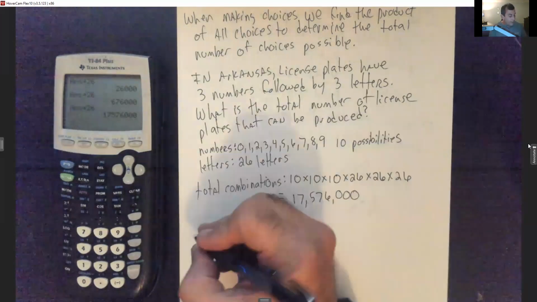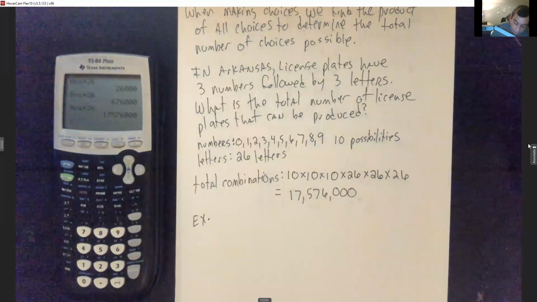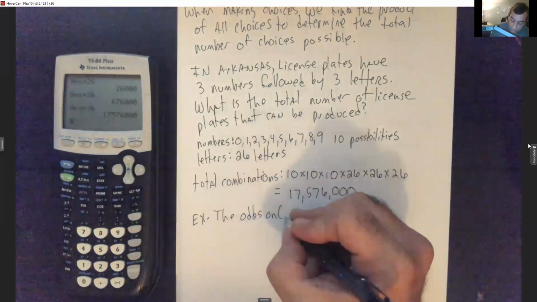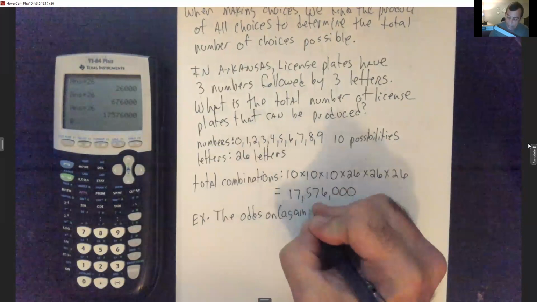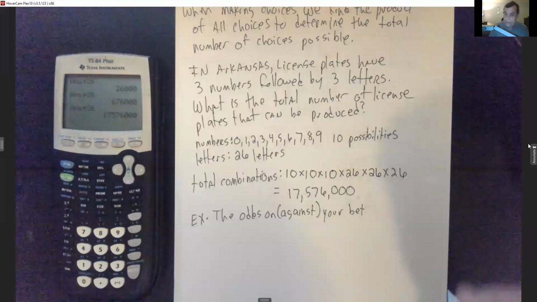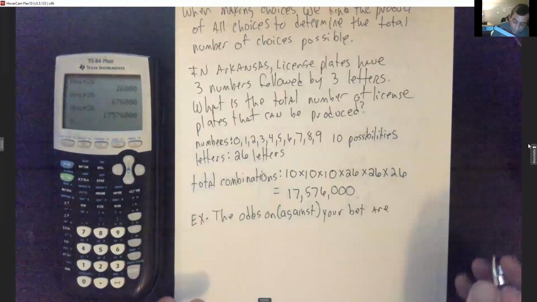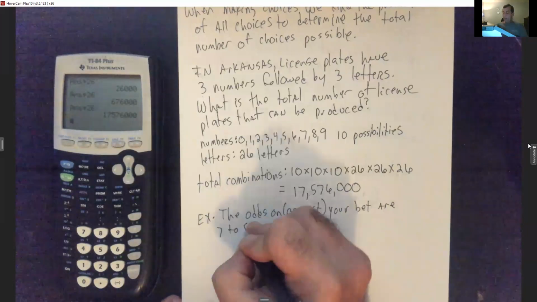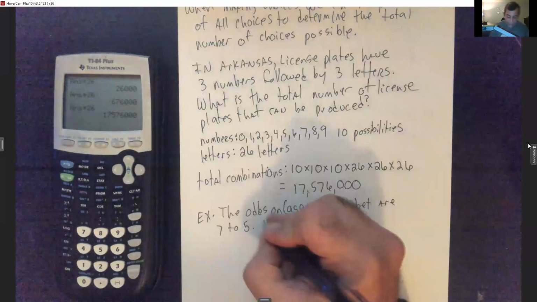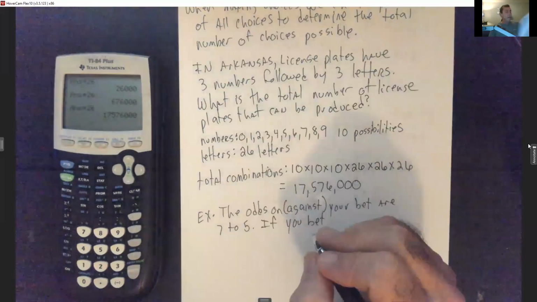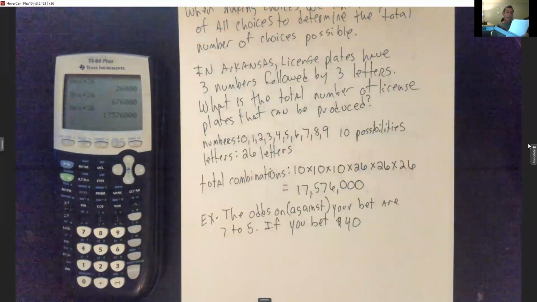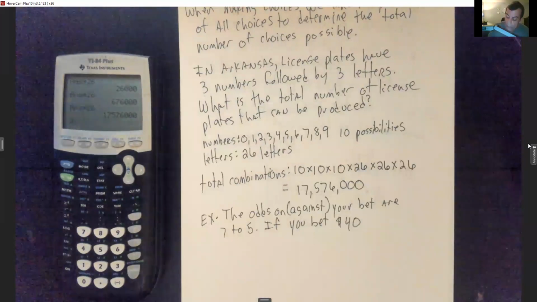So this one says the odds on, which is against your bet, are 7 to 5. If you bet $40, how much will you gain?